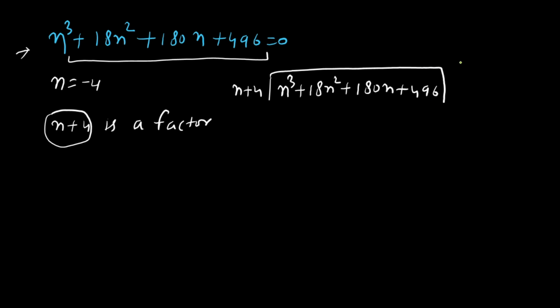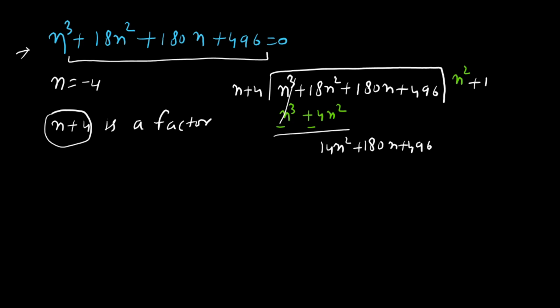Then n square multiplied by n gives n cube. n square multiplied by 4 gives 4n square. Then minus, minus. This n cube is positive and this is negative, so they cancel out. Here 18n square minus 4n square is 14n square plus 180n plus 496.